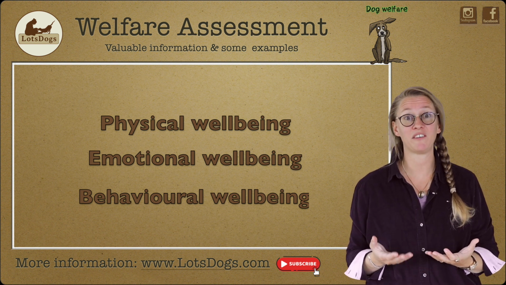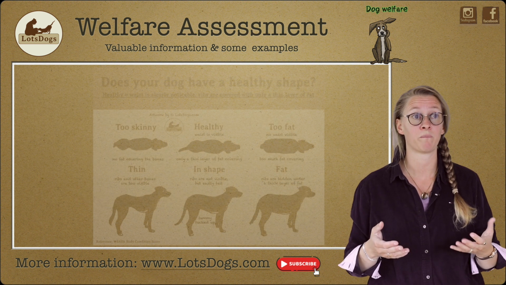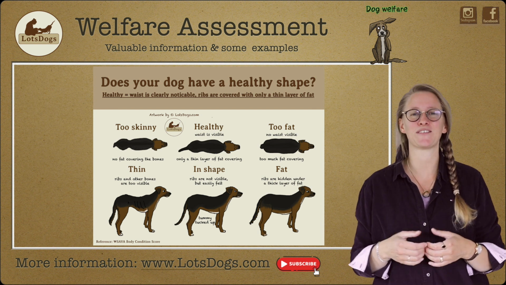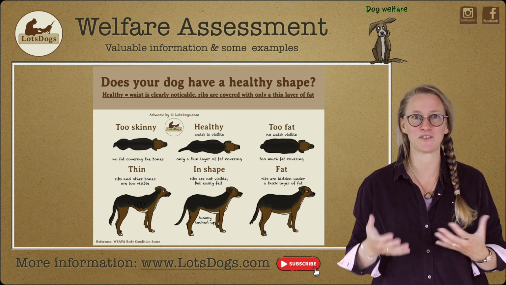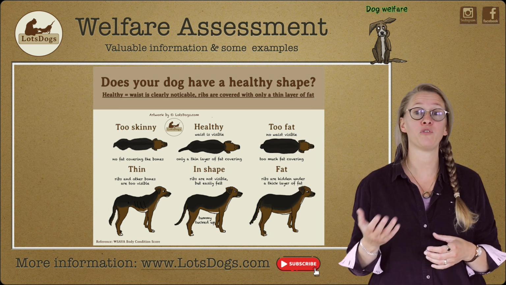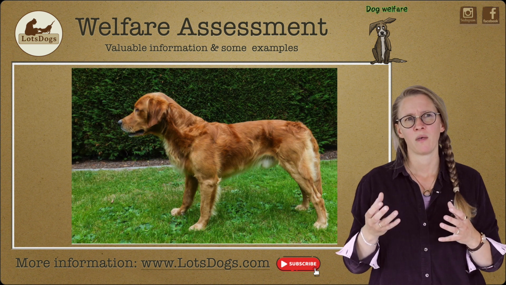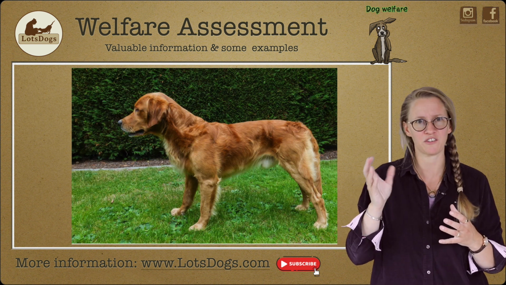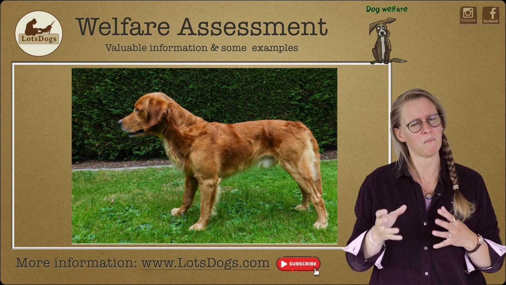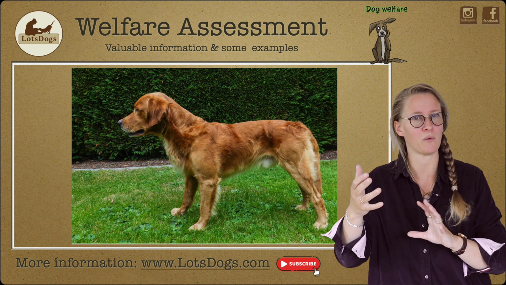To give you some examples about assessing the physical well-being of a dog, I'll be looking at the body condition, so the weight of the dog. Some dogs are overweight, other dogs can be underweight. I'll also look at the coat condition. If there are coat patterns or hairs standing up which catch my eye, I'll wonder why those hairs are standing up on the back of the dog, for example.